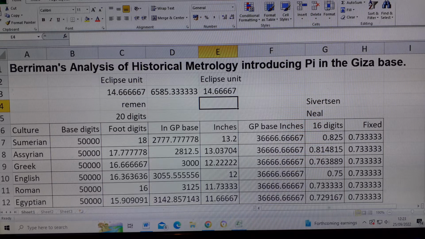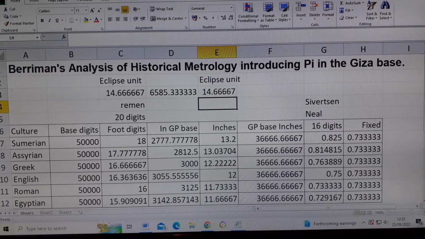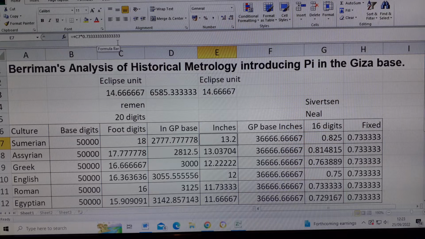So we start with the Sumerian, and we found that that is 13.2 inches imperial. And there are 50,000 digits in the Giza base, when that is the Sumerian foot, which contains 18 digits. When it contains 18 digits, the actual length of the digit is this, 0.7333.